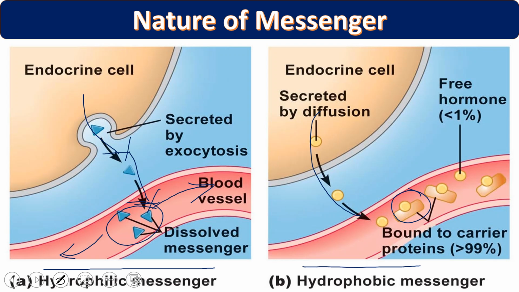These carrier proteins or albumins help them in transportation from one location to another. So hydrophobic or lipid soluble hormones normally require carrier proteins, whereas protein and peptide hormones or amino acid hormones do not require any kind of carrier proteins.